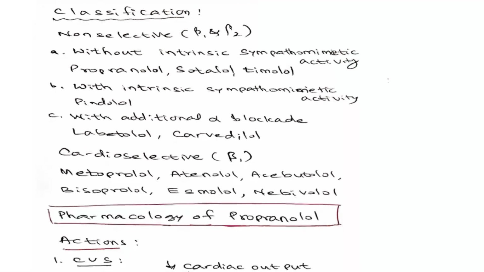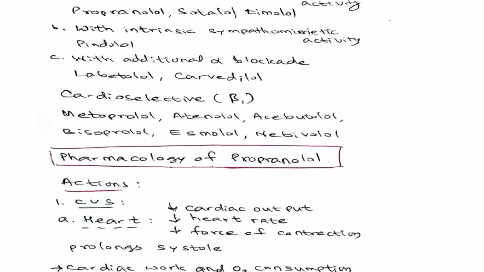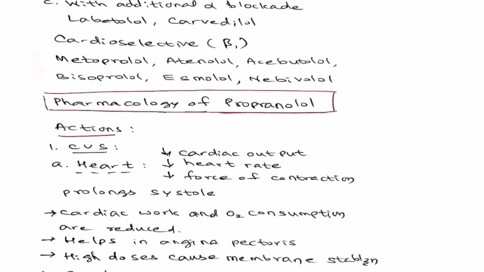Among these drugs, propranolol is considered the prototype, and we will be discussing the pharmacology of propranolol. Coming to the pharmacological actions of propranolol or beta blockers, on the cardiovascular system, on the heart, it reduces the cardiac output, heart rate, and force of contraction.